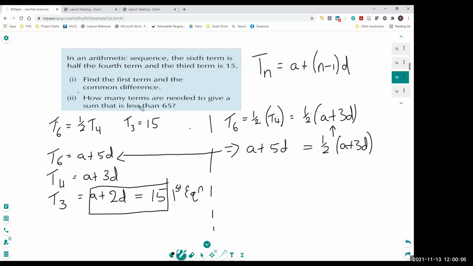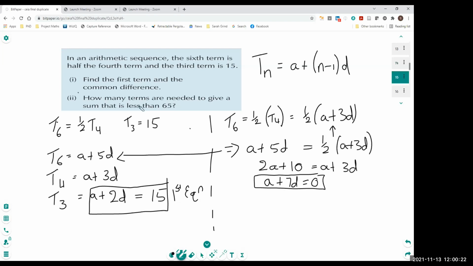We equate both of those formulas, and we get 2A plus 10D is equal to A plus 3D, and we get A plus 7D is equal to 0.